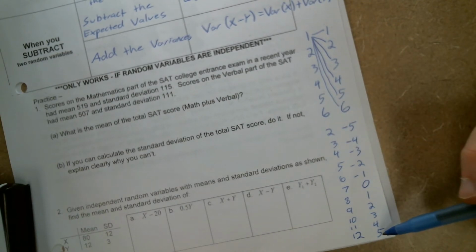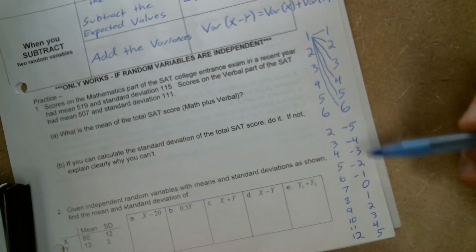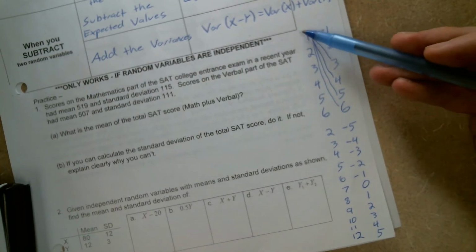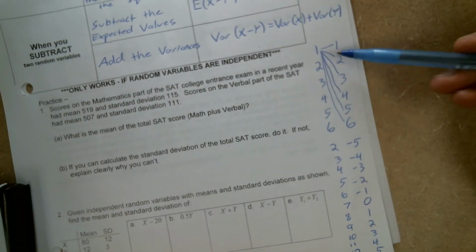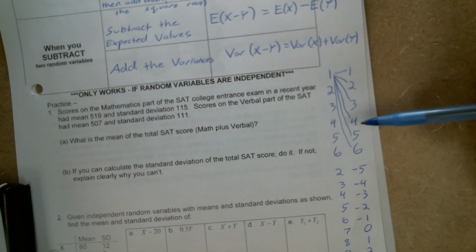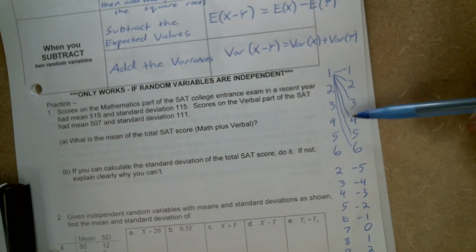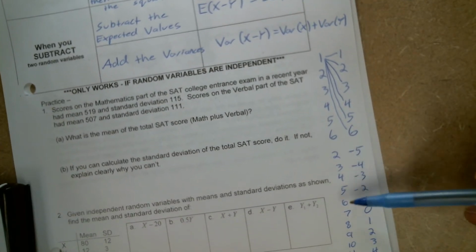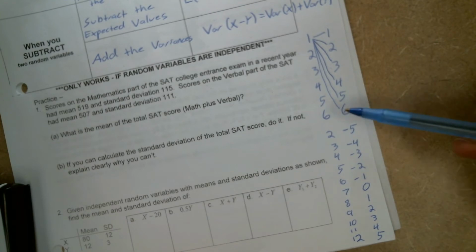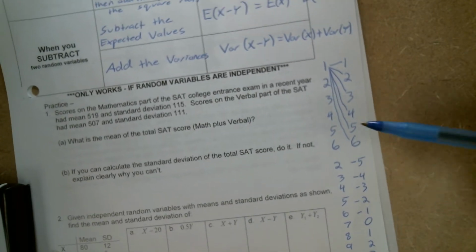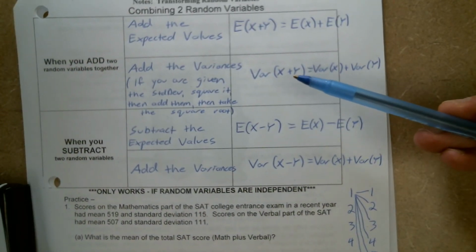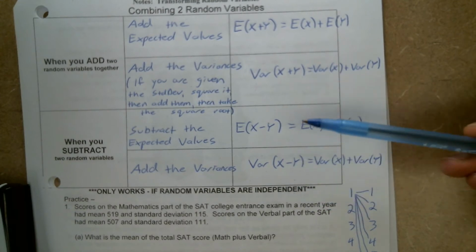When I subtracted them, I can go from 5 to negative 5, still a range of 10. So it didn't matter whether I added together all the different combinations of my random variables or whether I subtracted all the different combinations of my random variables. The values ended up equally spread out, which is why it doesn't matter whether you're subtracting or adding these random variables.